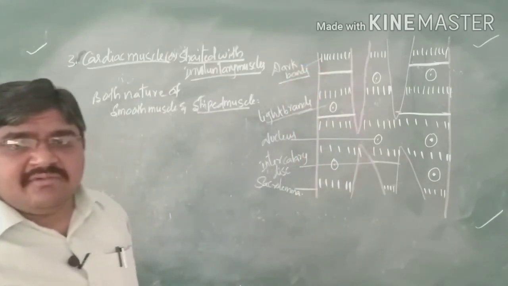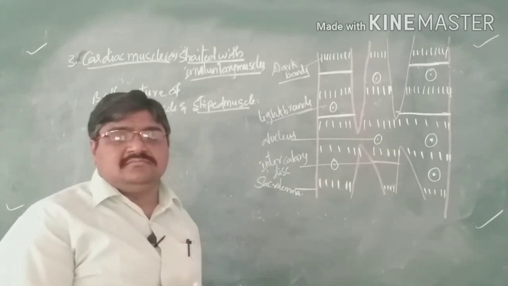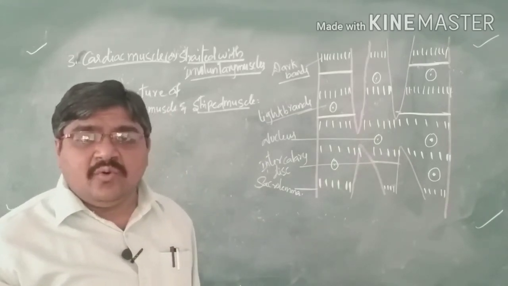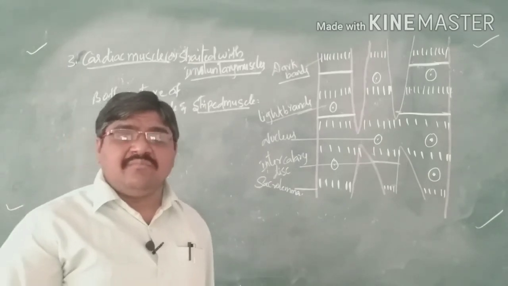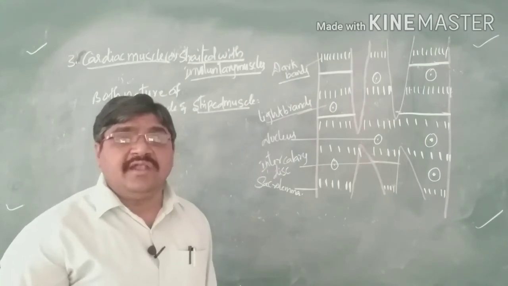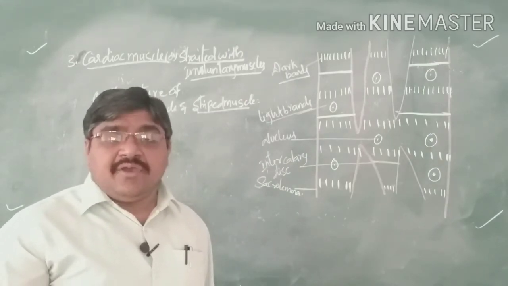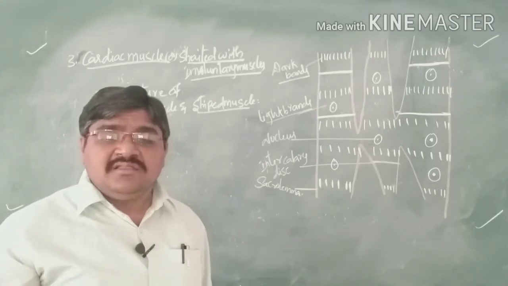In the cardiac muscles, the name itself indicates muscles present only in the heart, so they are called cardiac muscles or myomuscles. These are made up of myocardium. We already know that myo means muscles, and cardium refers to the heart.